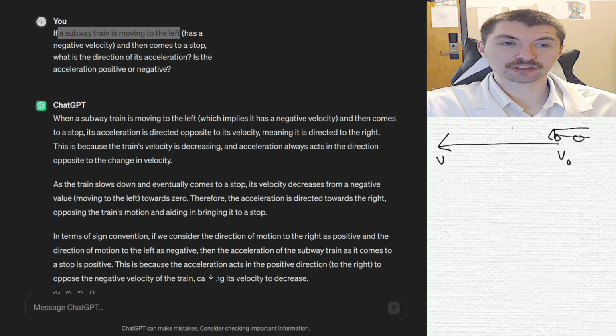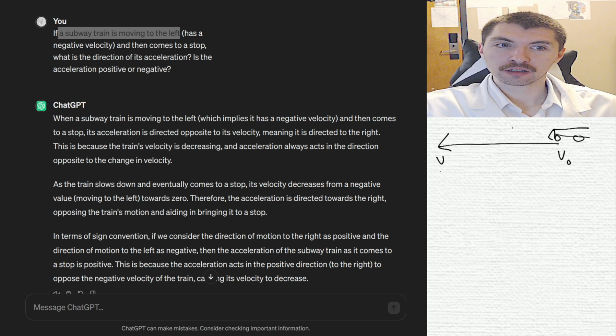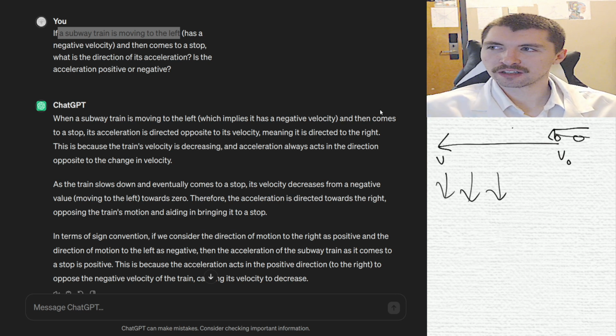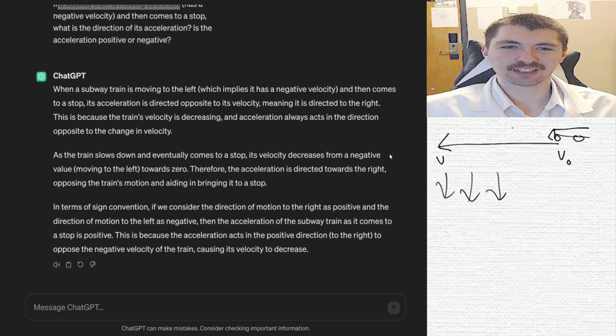The direction of its acceleration. So if I'm using the same logic, there's always acceleration of gravity, so it's got to be from the top down. So if the language model does not say this, it's like you're just picking your terms at this point. Are we even speaking the same English? It accelerates in the opposite direction, so it's saying from the right. So I just give up at this point.